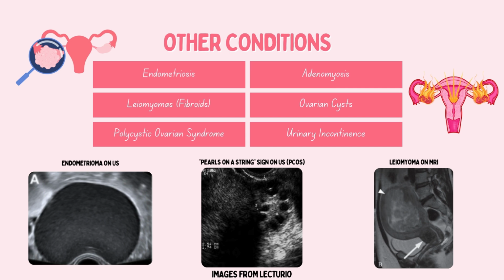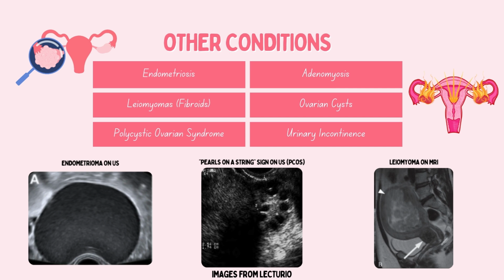Okay, so management: observation, because the majority don't need treatment, especially if they are small or asymptomatic fibroids. Decision to treat is based on symptoms and desire for fertility. Non-surgical options include estrogen, progestin, oral contraceptives. NSAIDs are used for dysmenorrhea.